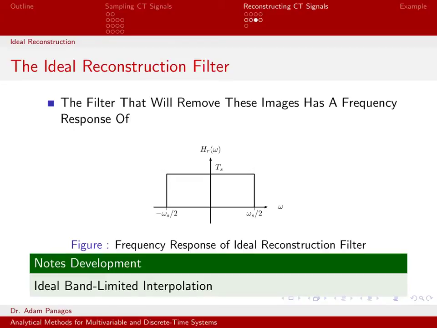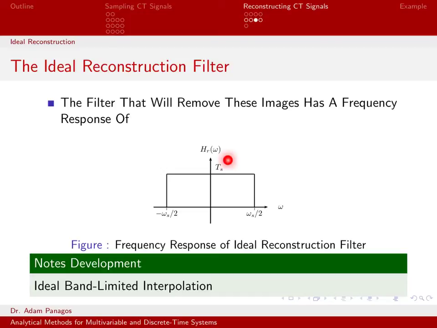This filter right here has a frequency response that will perfectly pass the part of the spectrum that we want, the middle part, the part centered at 0 from minus omega s over 2 to omega s over 2, and it has a gain of t sub s. So it cancels out the 1 over t sub s. 1 over t sub s times t sub s gives us 1, and it restores us to the original gain that we had. So this is what we call the ideal reconstruction filter.